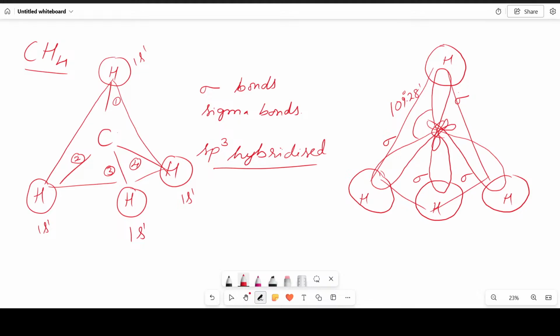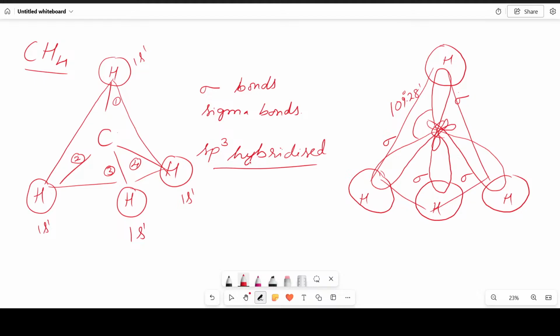Why? Because he laid the foundation of stereochemistry. He was also known as the father of organic chemistry, because stereochemistry, the geometry of the molecules, is very important. If we understand the molecular structure of organic compounds, it is very easy for us to predict the properties of the organic molecules. Is that clear?